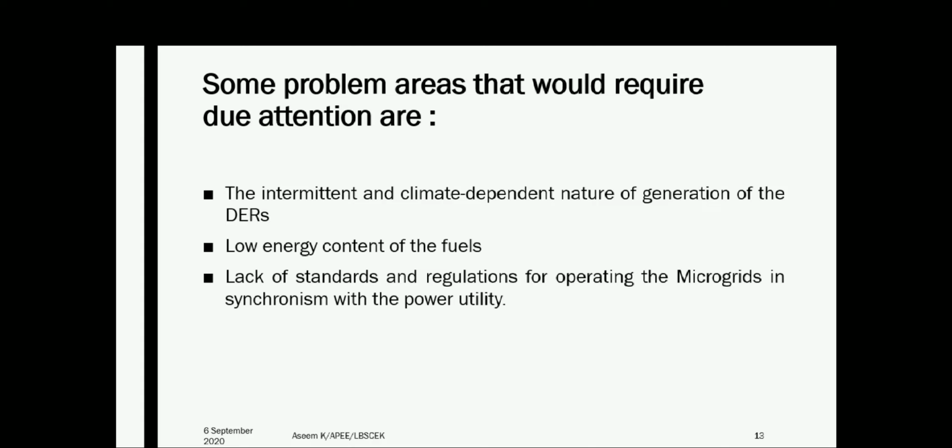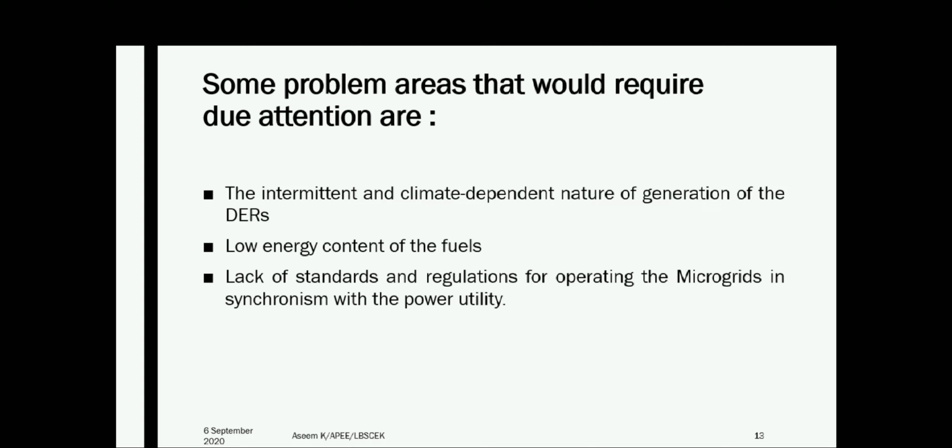Even the solar or wind we are using are highly dependent on the climatic conditions: solar depends on variation of irradiance, temperature, etc., and wind production depends highly on wind velocity. This intermittent nature of renewable energy sources is one of the problems in distributed energy resources.